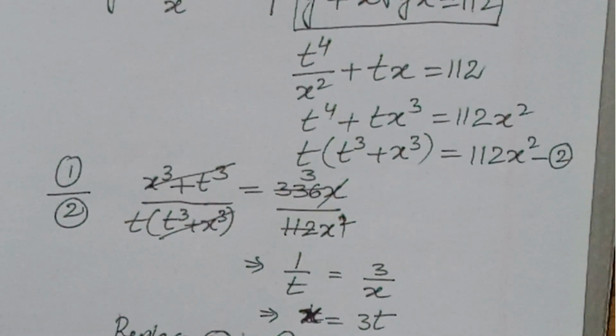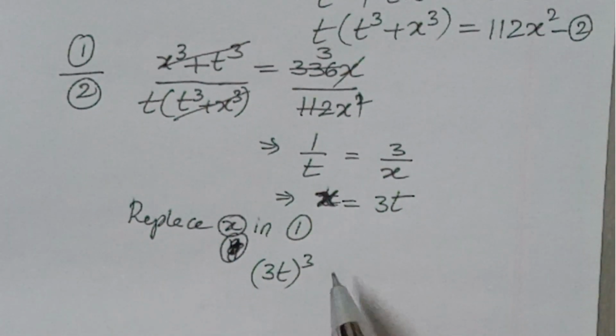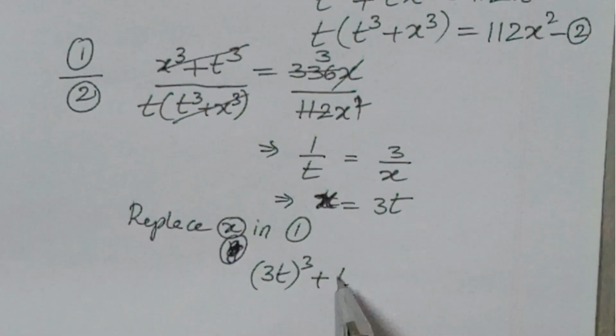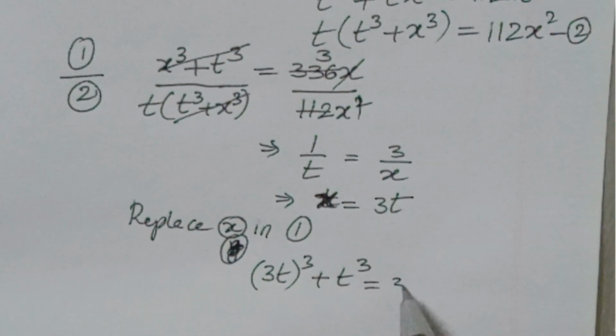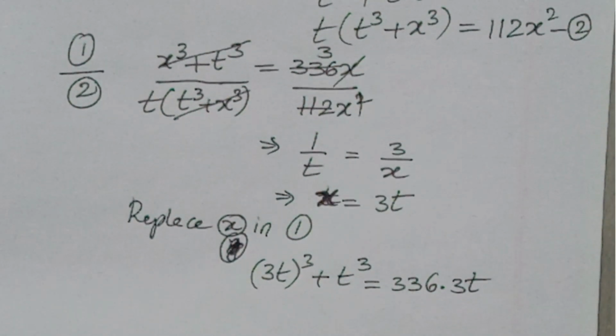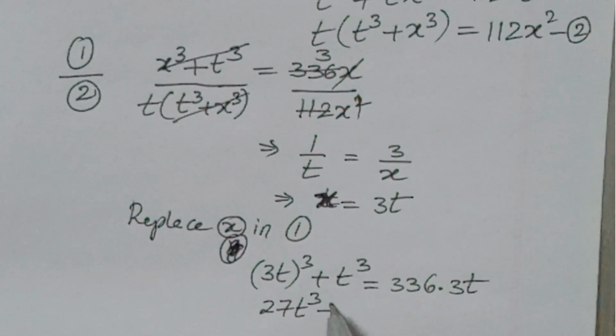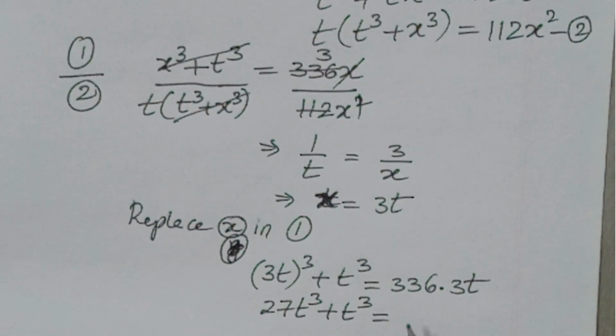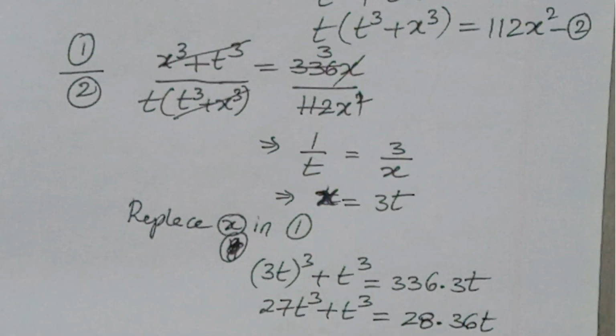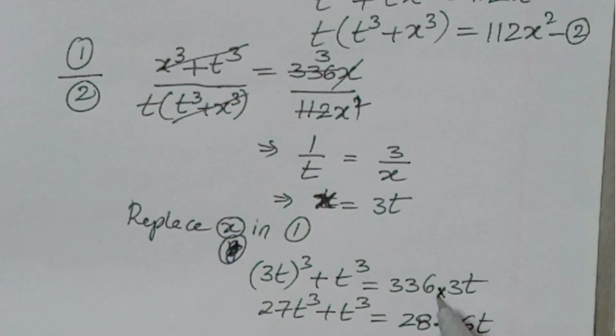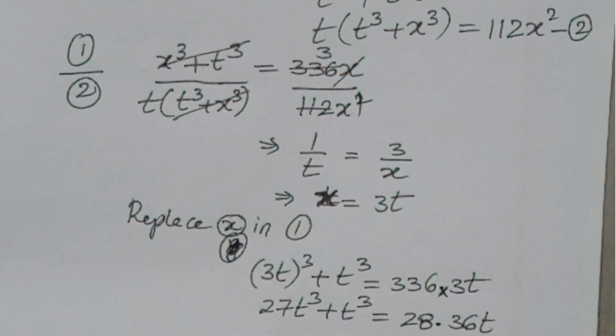3t whole cube plus t cube is equal to 336 into 3t. So here what will we get? 27t cube plus t cube is equal to, this can be written as 28 into 36t, so 336 into 3, you have to multiply and you'll get the factors 28 and 36.